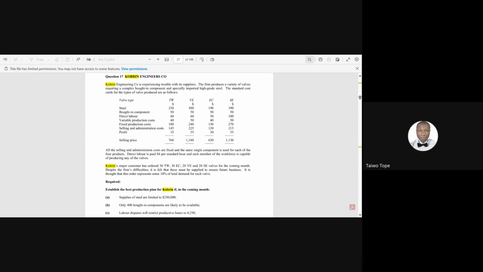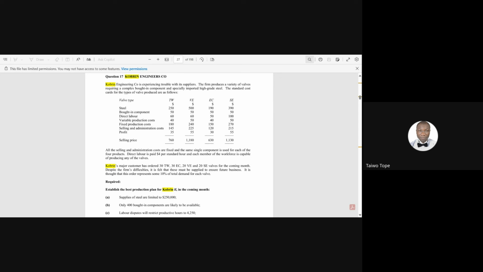Direct labor, how much will you spend to produce 1 unit of TW? $60, $60 for VE, $50 for EC, $100 for SE. Variable cost varies with the production. How much are you spending on TW to produce 1 unit? It's $40, for VE $50, for EC $40, and for SE $40.